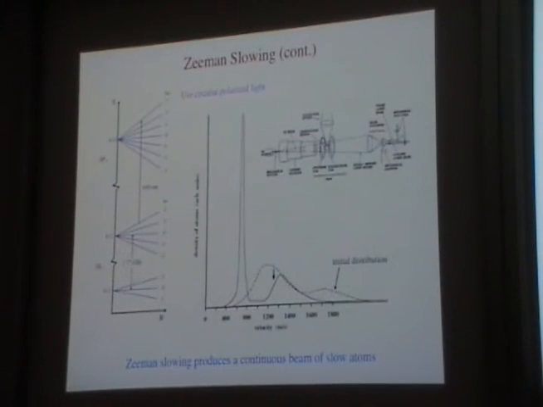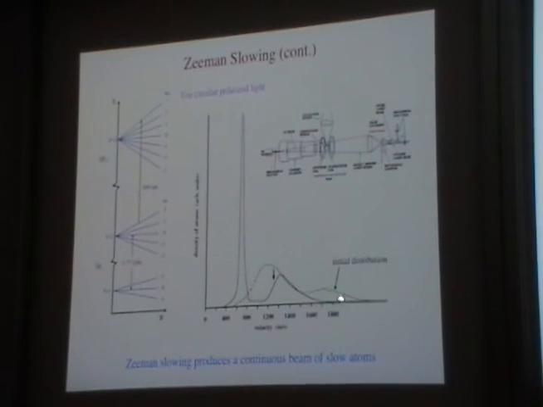So here's an example of some early data from Bill Phillips' group back in, I think, 1983 or so, where he used Zeeman slowing to slow atoms down. This is a schematic of the setup, I believe.